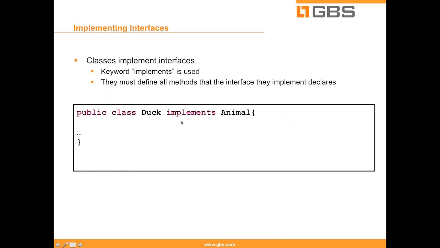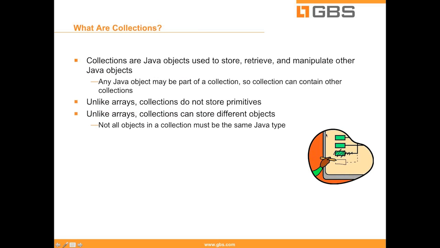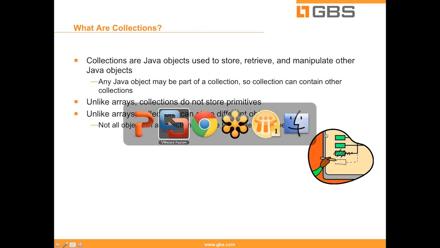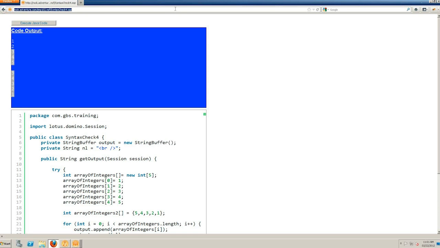So I use the implements keyword. So if I say public class duck implements animal, unlike extends, if I use implements, I could say public class duck implements animal, comma mammal, comma amphibian, whatever. It allows me to actually use multiple instances of those particular things. So we have a kind of a pseudo example of that we're going to work with.